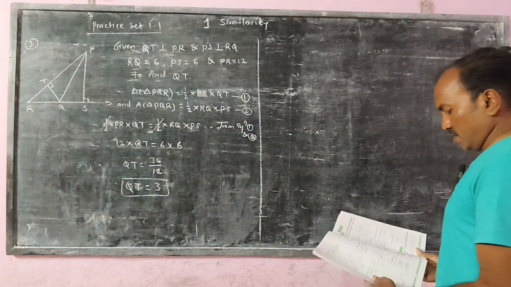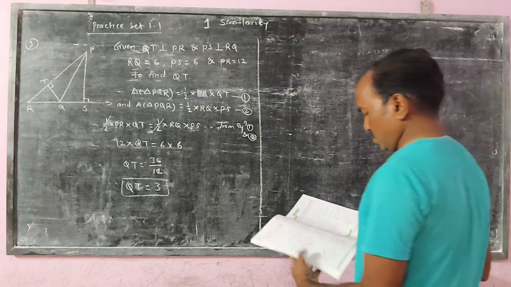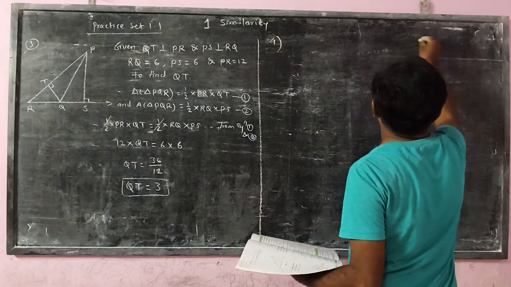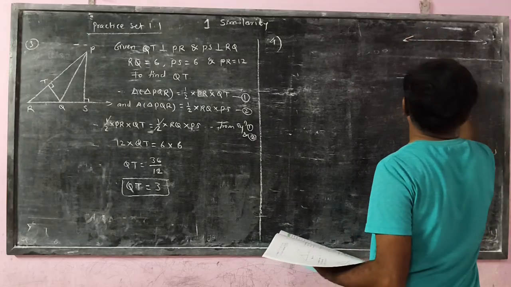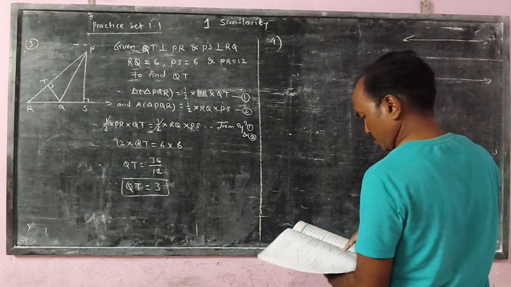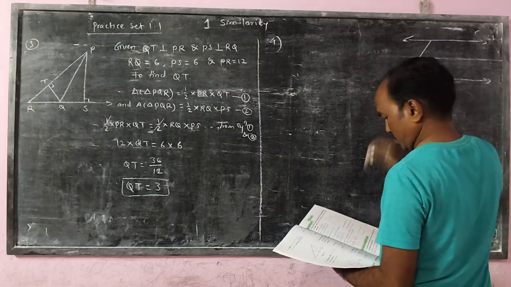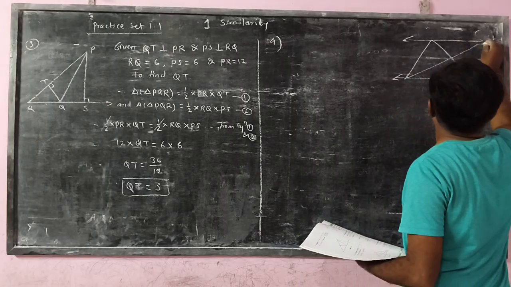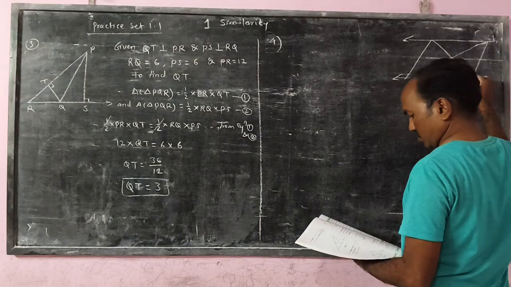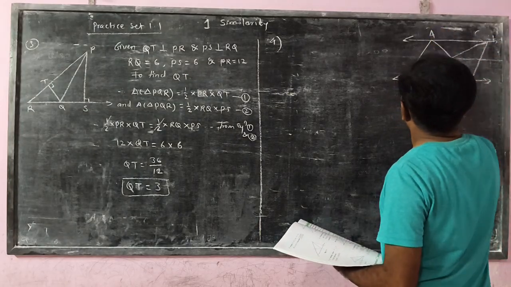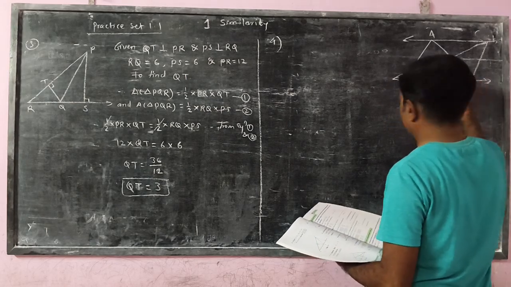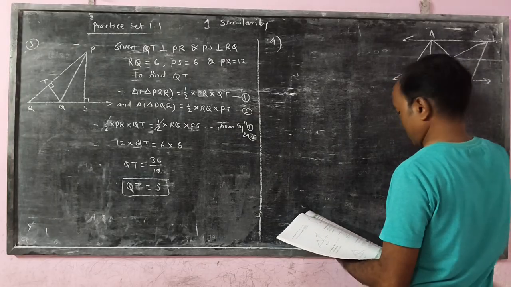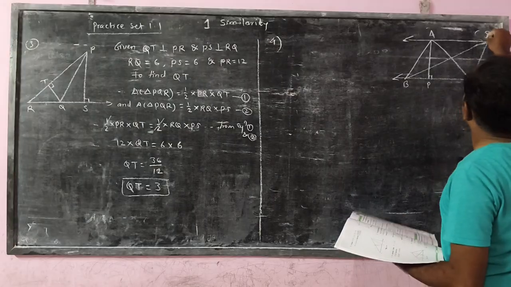The two parallel lines and two different triangles given. From the figure, two parallel lines show two different triangles, A, B, C, P and D.